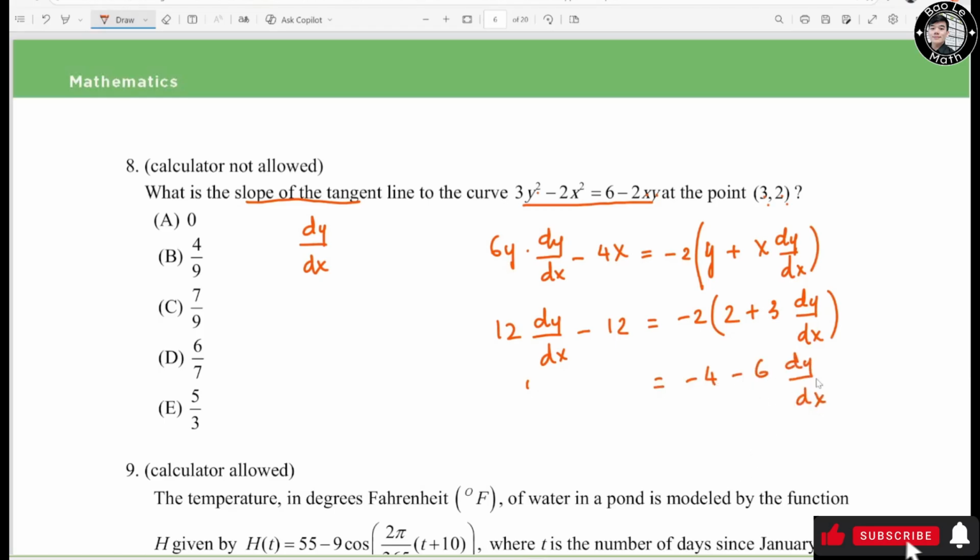I add 6 dy over ds to both sides, so 6 plus 12 is 18 dy over ds, equals, add 12 to both sides, so it's 8. So dy over ds equals 8 divided by 18. Divide the top and bottom by 2, so it's 4 over 9. The answer must be B.